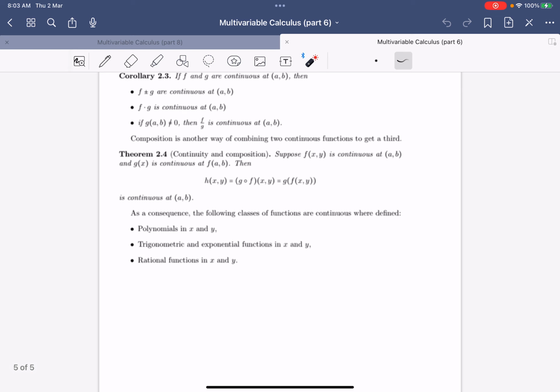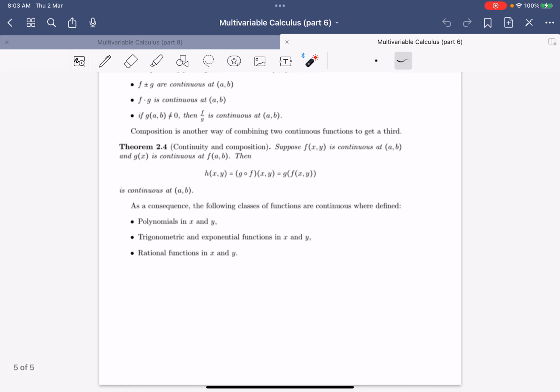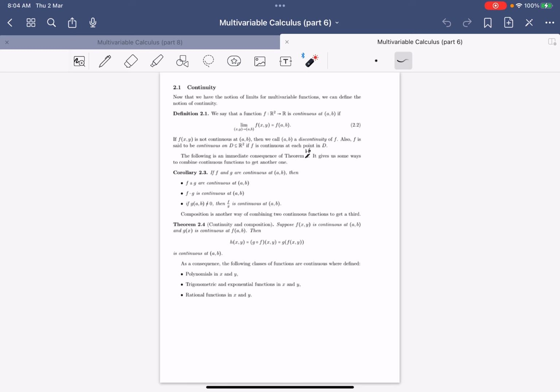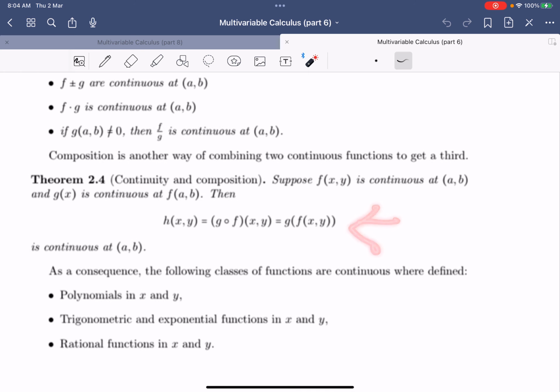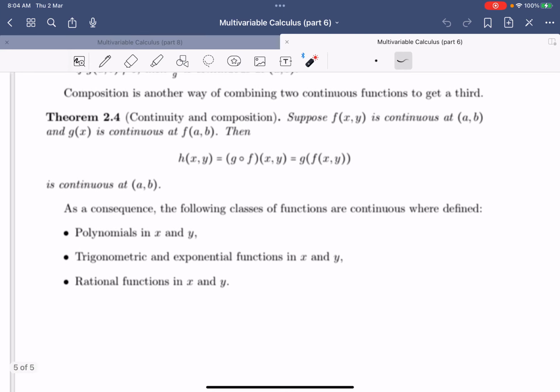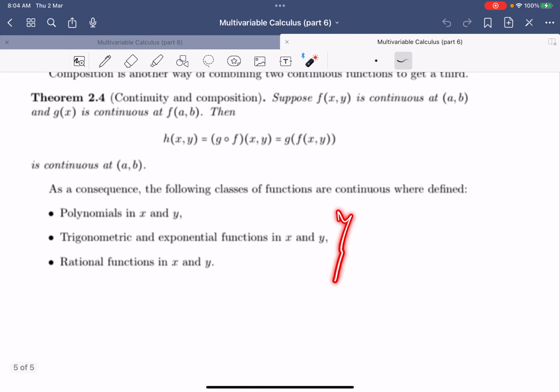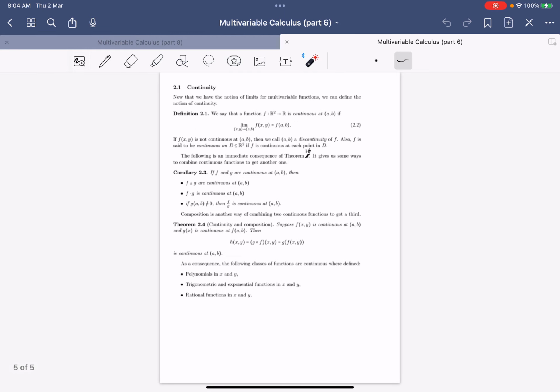Also, continuity and composition respect each other. When you compose two continuous functions, you are still continuous. And of course, you can generalize this to any function in Rn and not just two variables. And because of that, we get polynomials, trigonometric functions, and rational functions to be continuous.